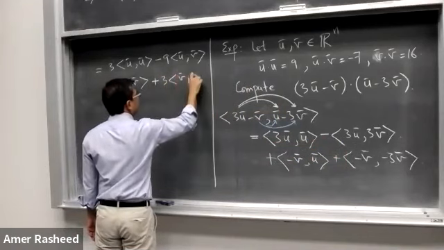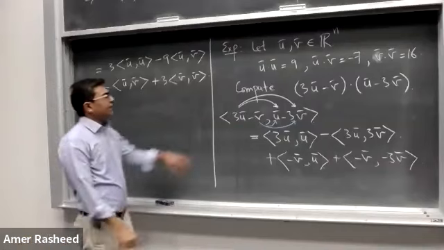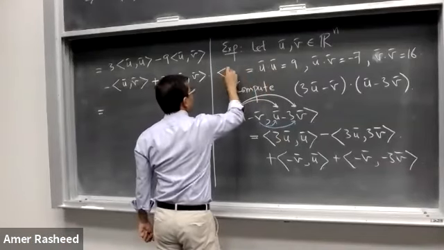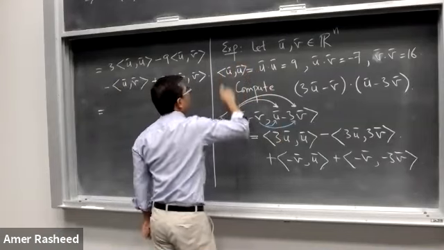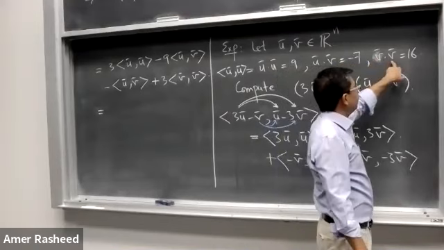So it becomes v v. Now we know that u inner product u is 9, u inner product v is -7, and v dot v is 16.